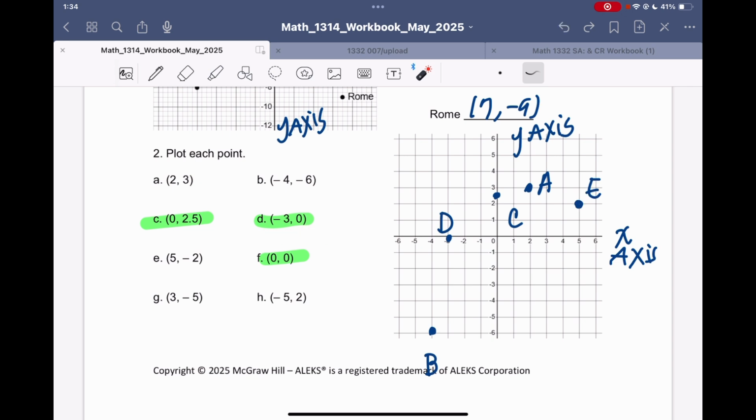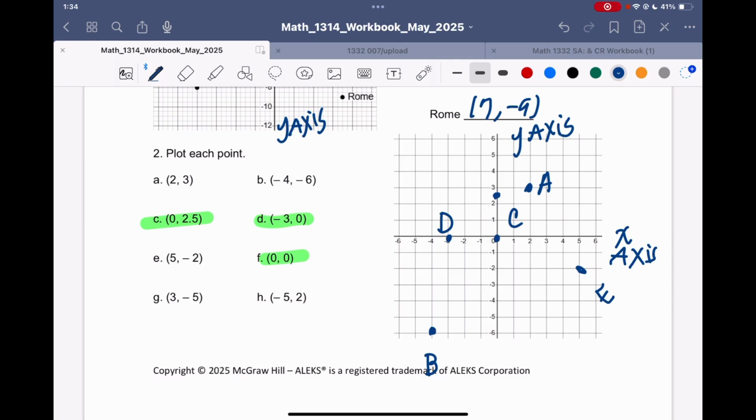And then you have E, which was 5, negative 2. Oh, I mismarked that one. So that one's going to be 5, and then down to negative 2. Right here, E. And then F, again, is pretty special.